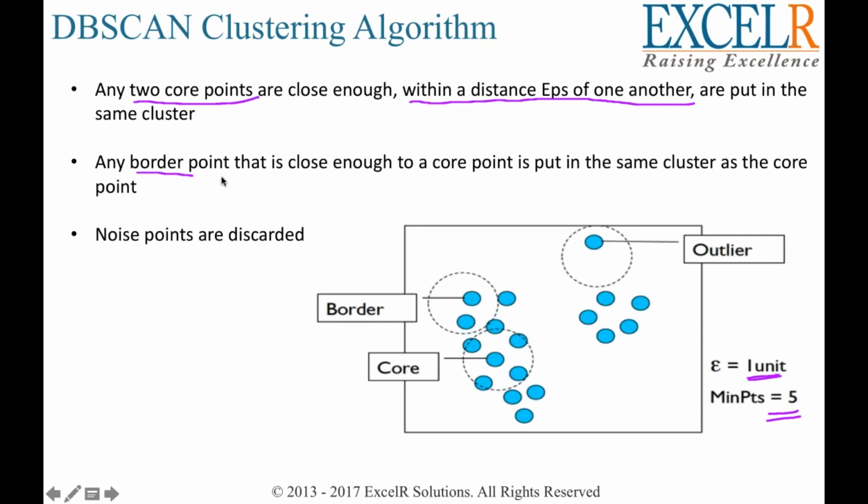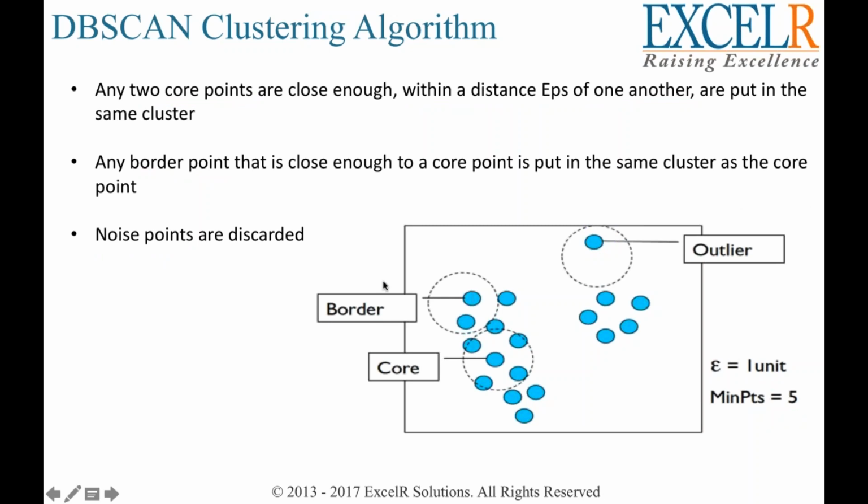And any border point that is close enough to a core point is put in the same cluster as that core point. So assume that this is one core point, this is another core point, and this is a border point. So this will be part of this cluster. Now, noise points are discarded. You do not cluster them with anything.